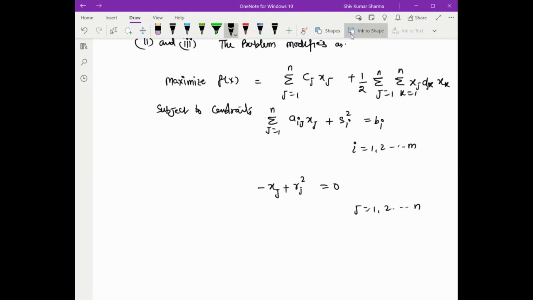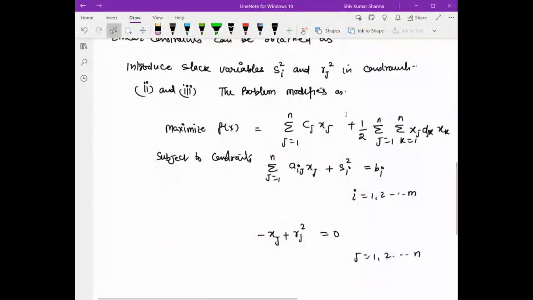So the problem is reduced in this form: we write the objective function as it is, and the constraints are changed, that means written as equal to bi and equal to 0. So here we involve the decision variables for solving the problem. We make another equations on the basis of decision variables. Okay, noted, Bhavna?